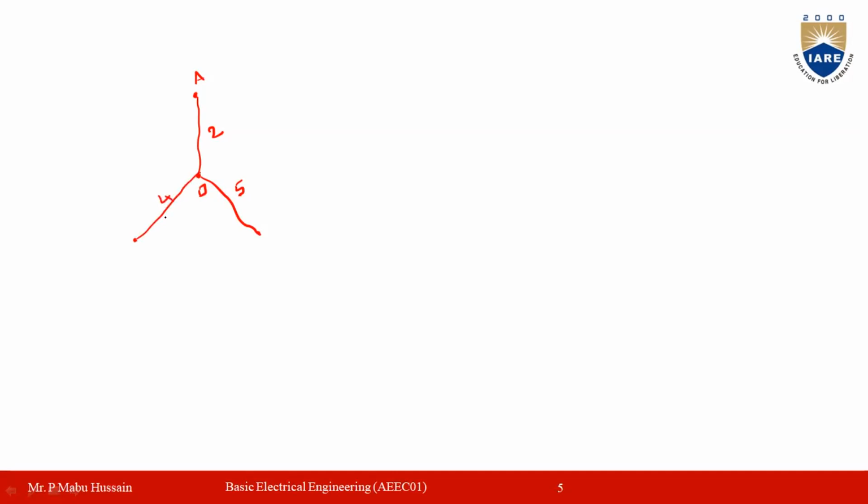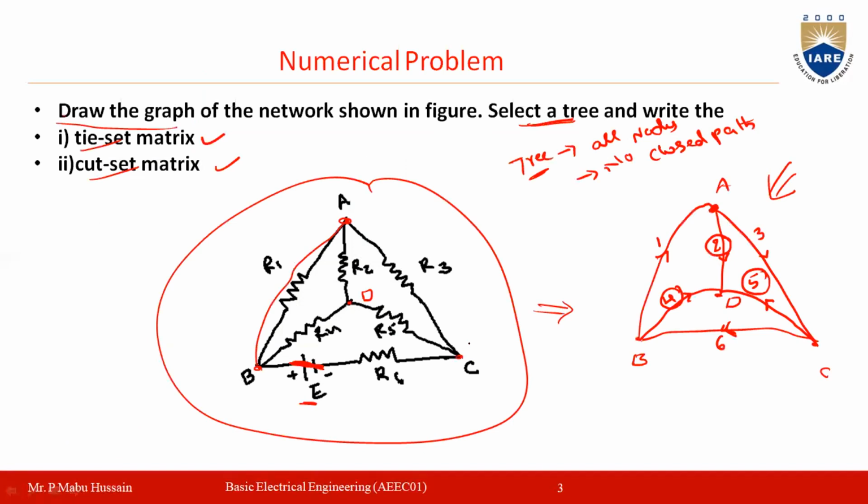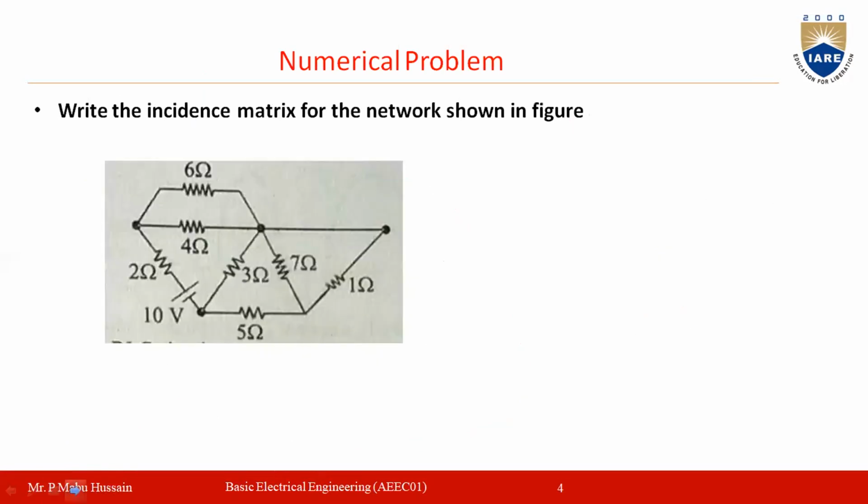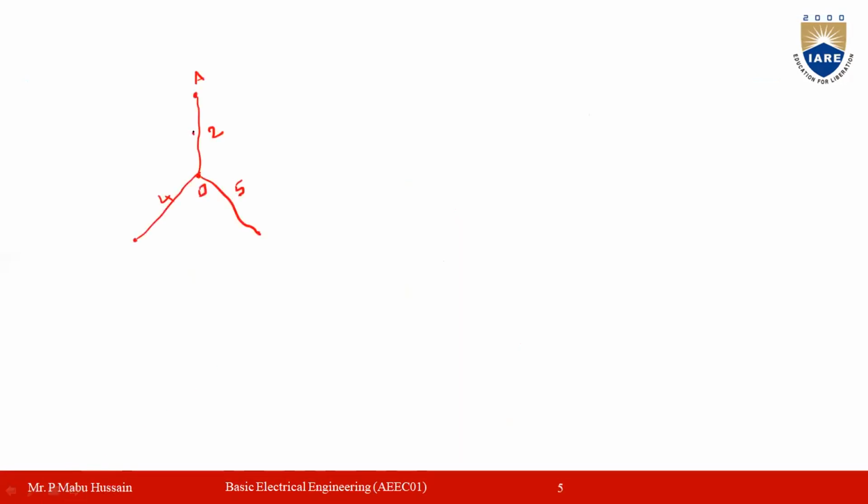Now all the nodes are included here. If you see the original graph, all the nodes A, B, C, D are included, and the direction of 2 is from A to D, 5 from B to D, and 4 from C to D. So all are incoming to D. So directions you can also represent.